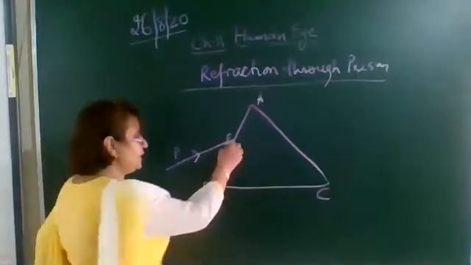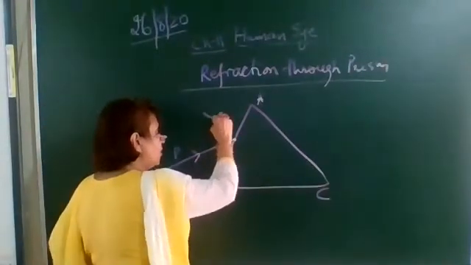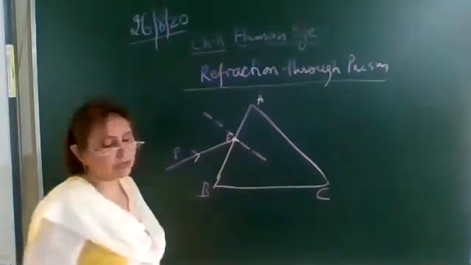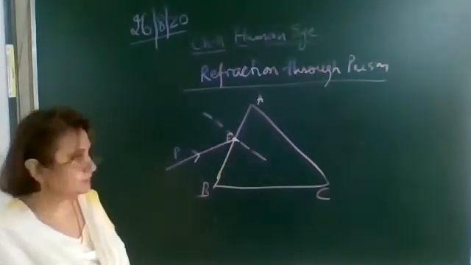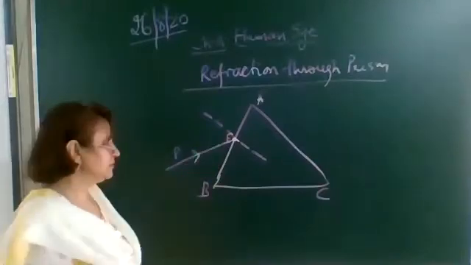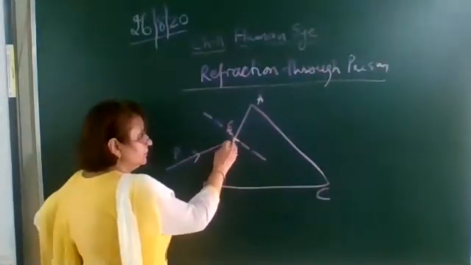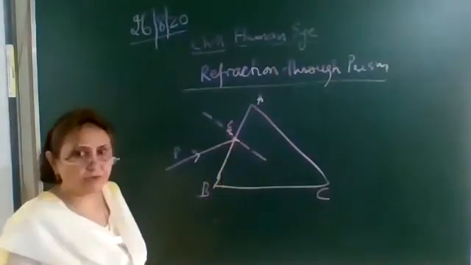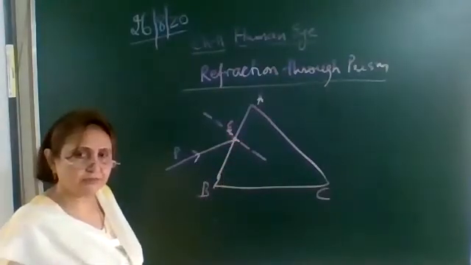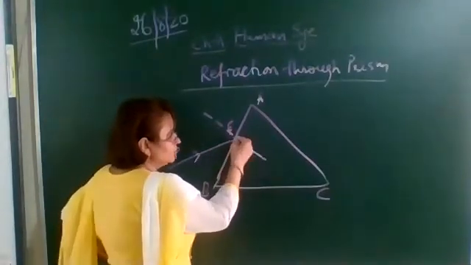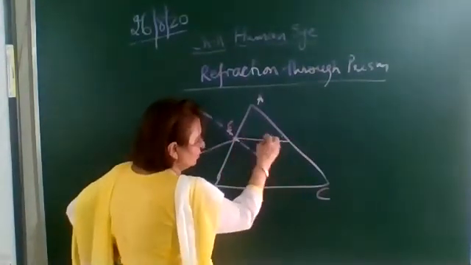Now at point E, you will draw one perpendicular, the normal to the AB face. Now this ray of light you will bend towards the normal.